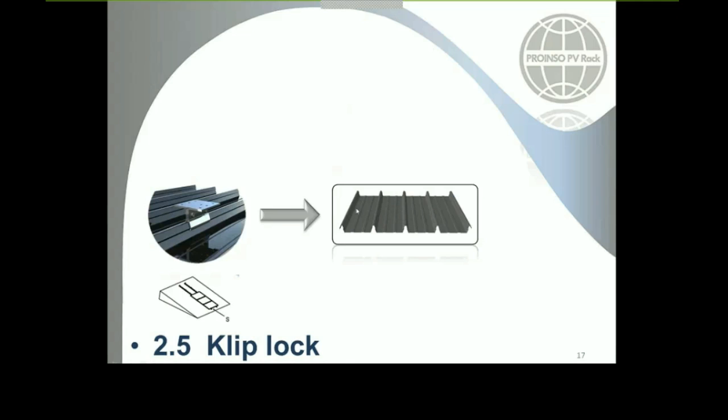It is just for the clip lock solution. The image shows the shape of the head, so any other metal sheet with different shapes would not be adapted to this clip lock one. And it allows us to install it in portrait position.